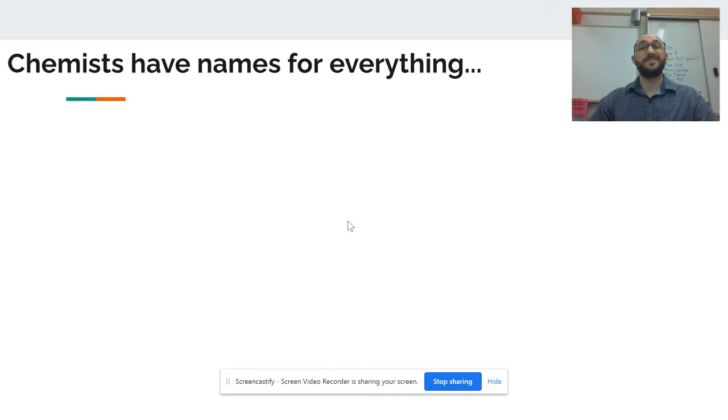So we have names for everything in chemistry. Ionic compounds is when you have positives and negatives together such that the total charge is 0, like Mg2+ and Cl1- with another Cl1-. But we have names for these things because we need even more names than just calling it an ionic compound and ionic bonds.